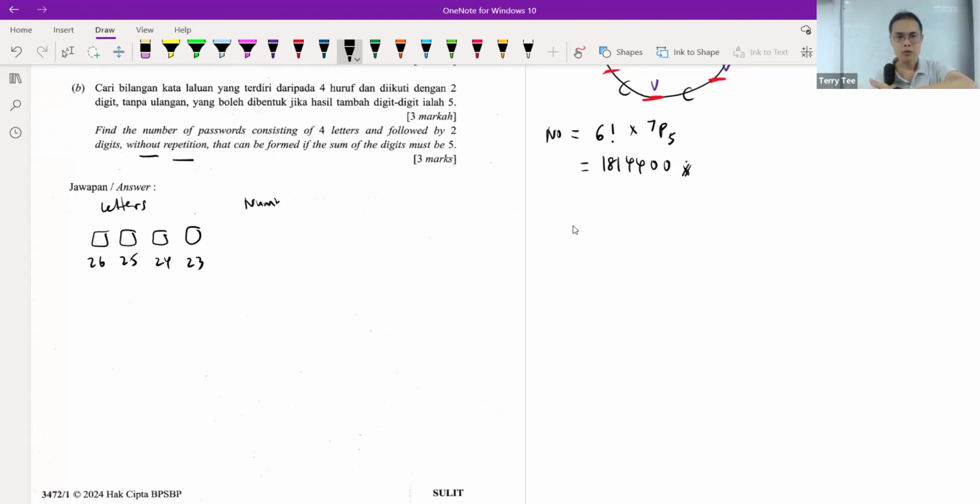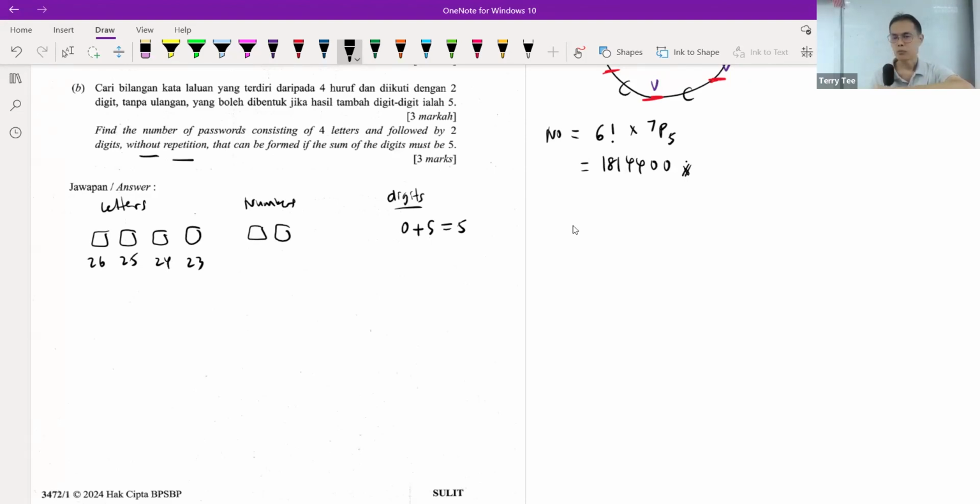Now, although we have fewer numbers to choose from, the problem is the sum of the digits must be 5. So what are the digits that sum together to give 5? First, we start with the smallest number. You can have 0. 0 plus 5 will give us 5.